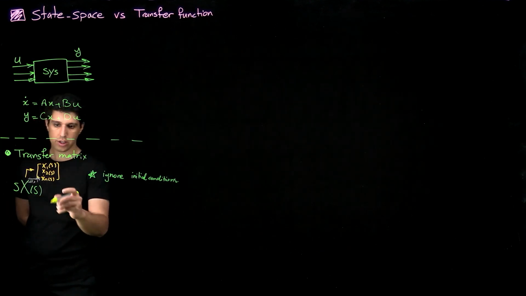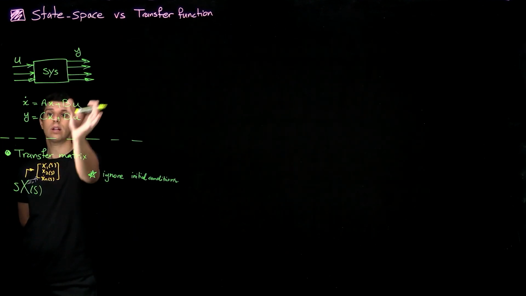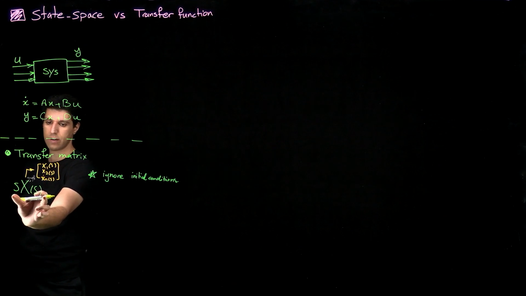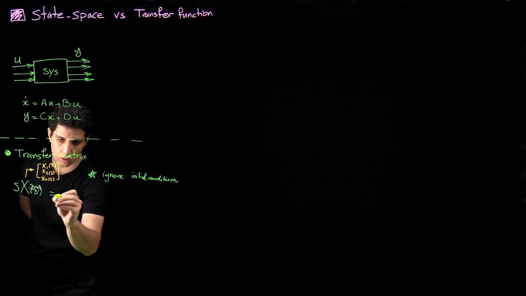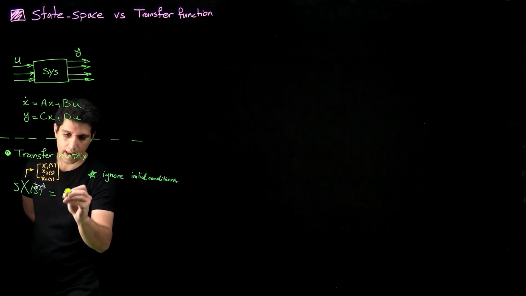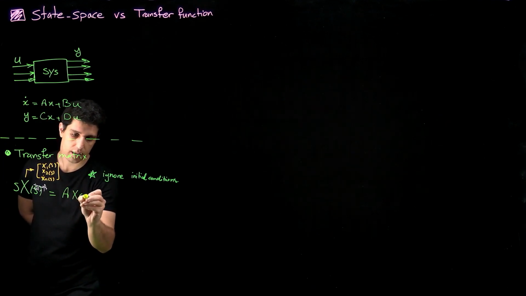Ignoring initial conditions, taking the Laplace of x dot, I'm only left with s times X of s, being a vector, equals A X of s plus B U of s.